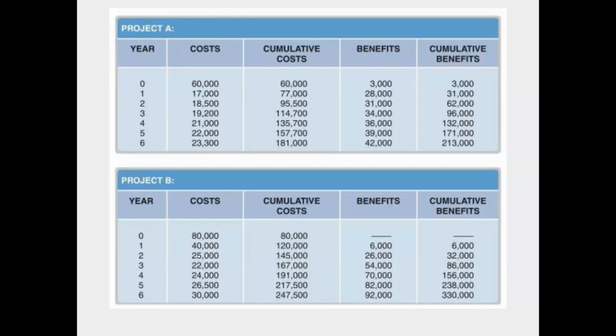Right, Hansel said 5 years. Yes, almost okay. Project B, if you look at the 4th year, the cost will be 191,000, and then the benefit would be 156,000. 5th year, it's about 217,500. The benefit will be 230,000. So again, it's between 4 and 5, but I think more towards year number 5.